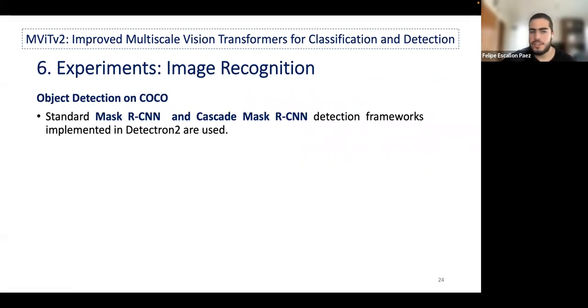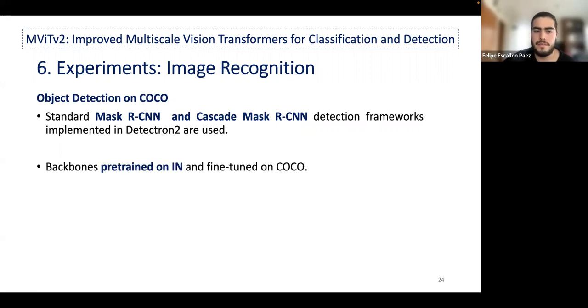So in object detection, in COCO for instance, they use two architectures, the Mask RCNN and the Cascade RCNN, and they experimented on both with all the modifications: with the pooling, the H-Win, and the Swin transformer that has its own window attention.